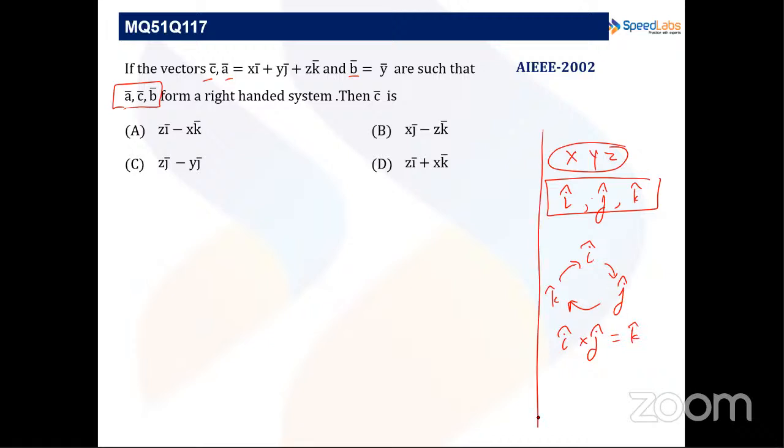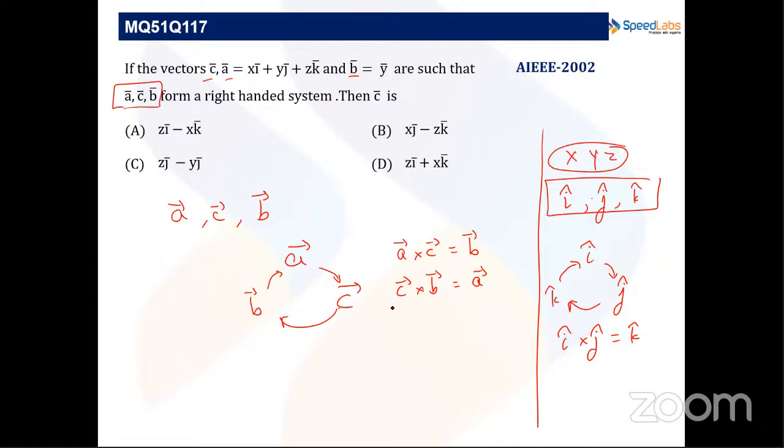Similarly, if we are given A, C and B forming the right-handed system, that is A, C, B, it is like this. So A cross C will give us B, C cross B will give us A, and B cross A will give us C. See, in cyclic form we multiply.